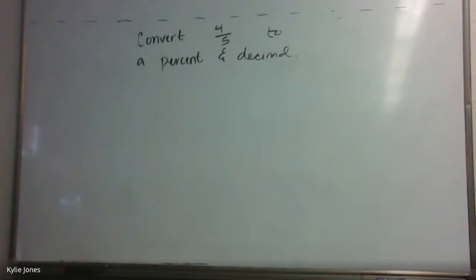No matter what, move the decimal 2 times, the other way. To make a decimal a percent, you move it twice this way to get 80%. Okay, about 30 more seconds.